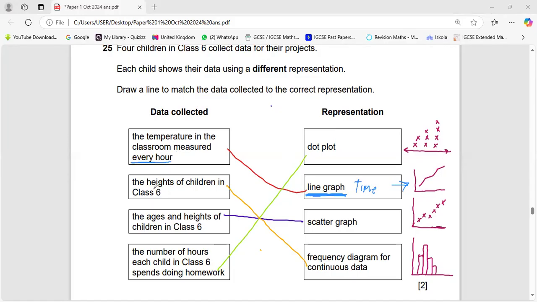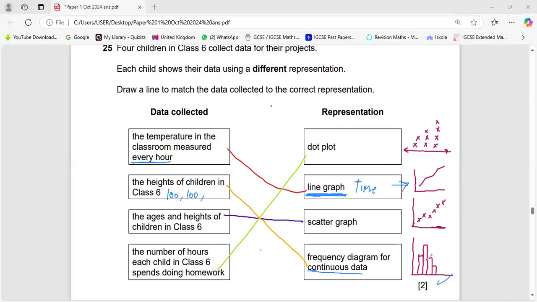And the next one, the height of children in class 6. The height is continuous. What does that mean? The height of a student may be 100, 101, 100.1, 100.2, 100.3. If you have continuous data, it's better to use the frequency diagram.